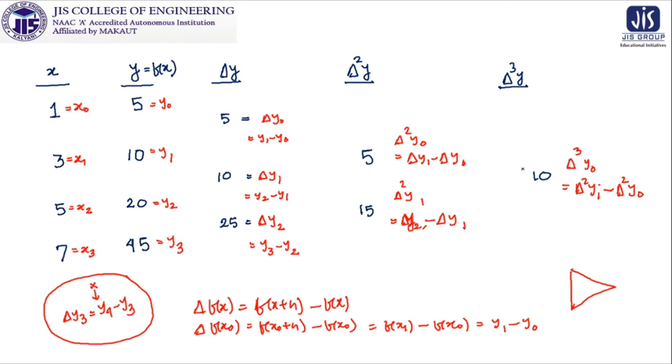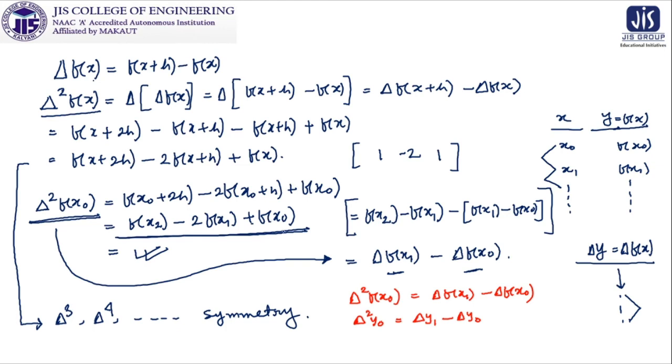So every value we can calculate except this particular long calculation, because now we are going to show you one thing: del 2 f(x0), actually we can write it as del 2 y0, which is equal to y2 minus 2y1 plus y0.